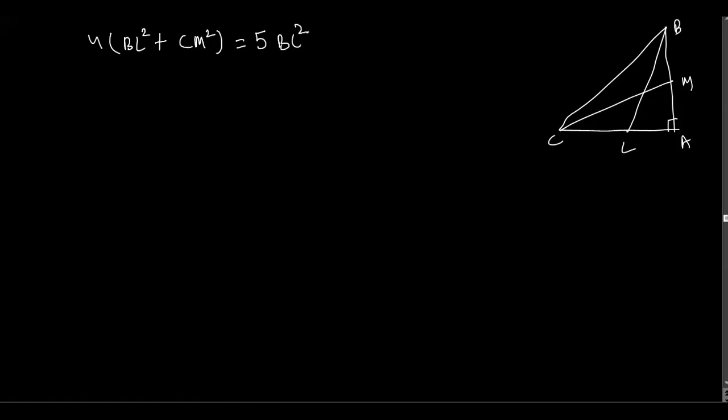How will you be able to prove this one? If it is given to you that ABC is only a right angle triangle.